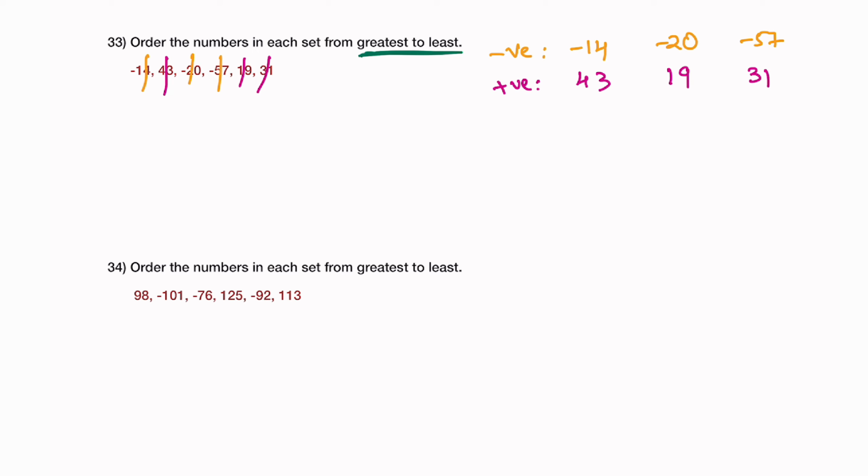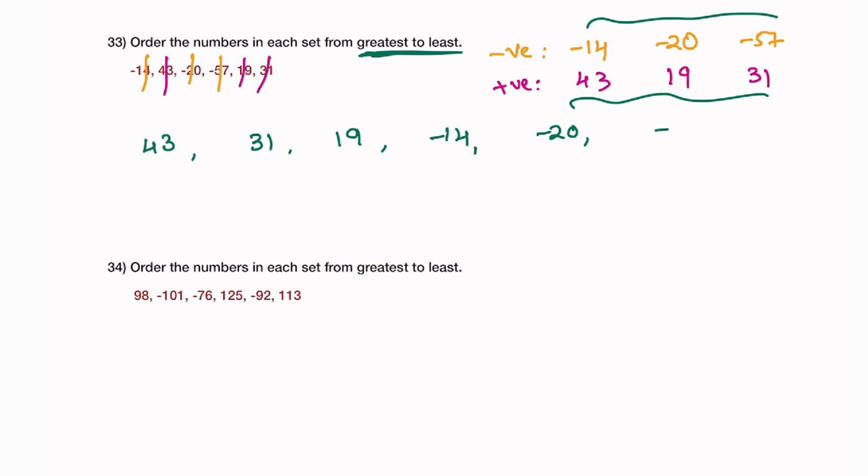Because I have to do greatest first, I'll go with the positives, right? So 43 is the greatest. Then the next one is 31 and then 19. Now, my greatest negative in this list is minus 14, then minus 20, and finally minus 57, right?